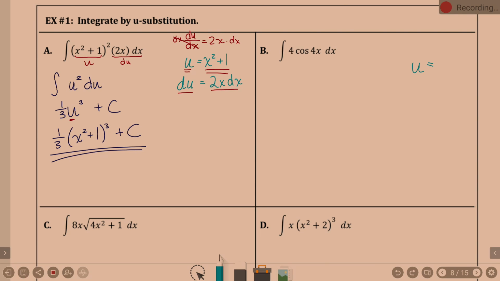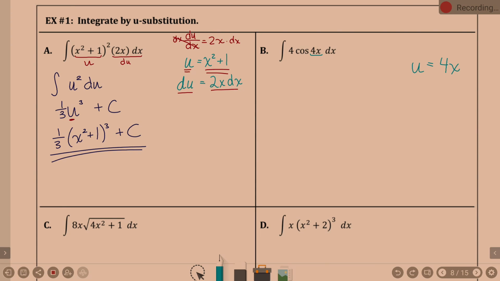I'd just say we do 4x, which is the derivative of 4x. Look for that inside. When you have a trig function in that situation, think about the inside. And again, this is the part that takes practice right now. You'll start seeing it eventually.